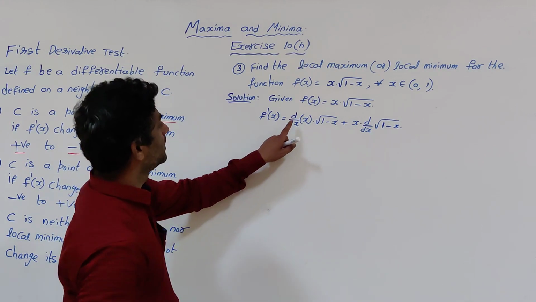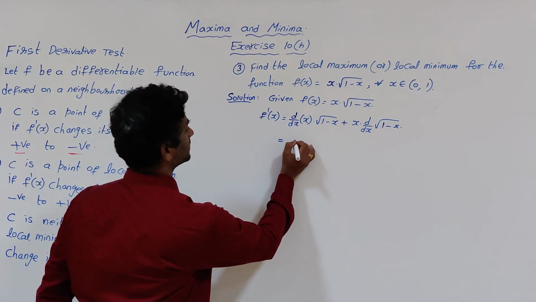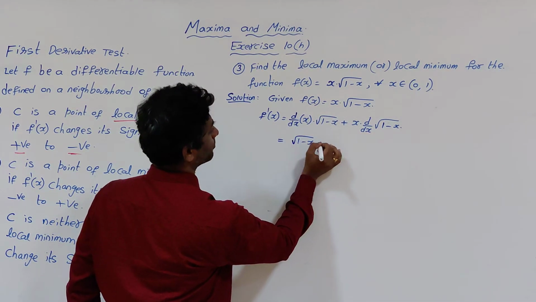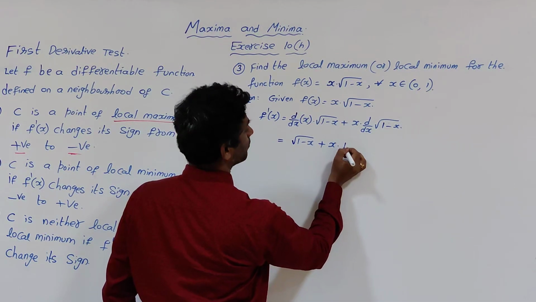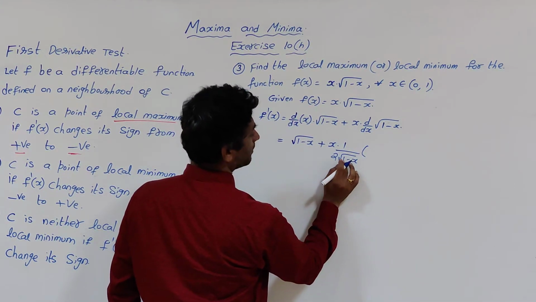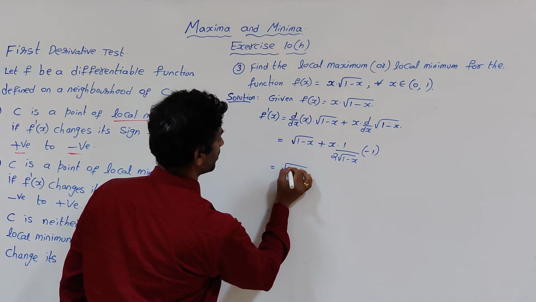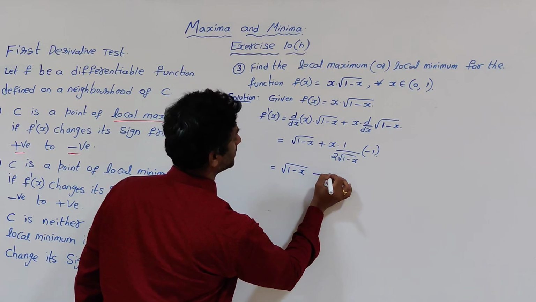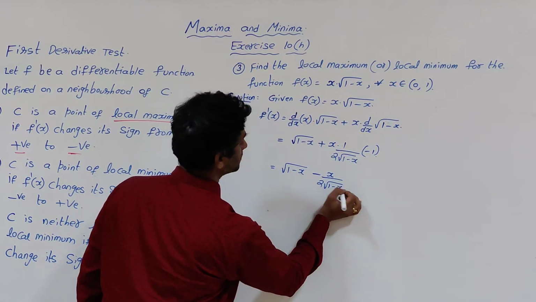Now the derivative of x is 1, so 1 into under root of 1 minus x plus x into, the derivative of this, 1 by 2 root of 1 minus x into the derivative of 1 minus x, which is minus 1. So which is root of 1 minus x minus x by 2 root of 1 minus x, and take the LCM.